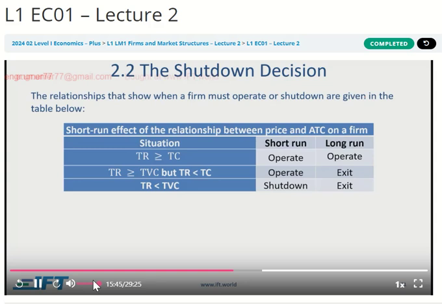Let's say business is not good, your revenue is less than your cost, right? So at what point do you shut down? This relates to something we have to understand in terms of short run and long run.